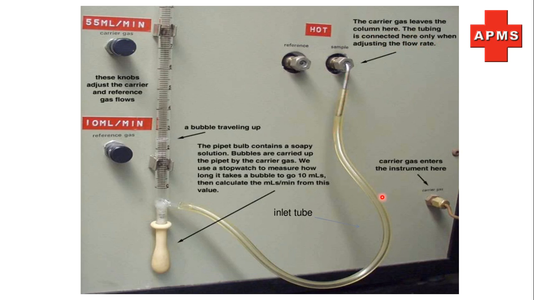Okay, when we want to see the flow rate, we can adjust this tube before starting the actual experiment, where the sample has to be injected. When the sample is injected into the sample injection chamber, then the actual experiment starts.